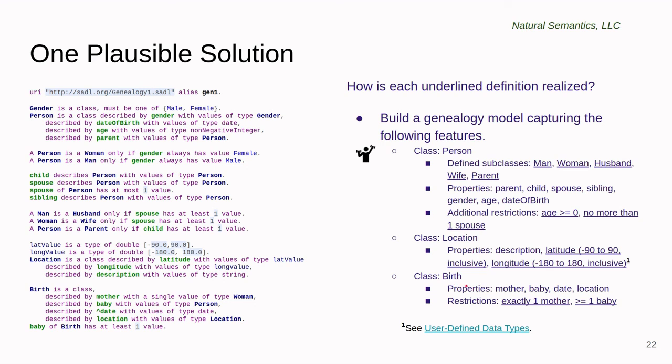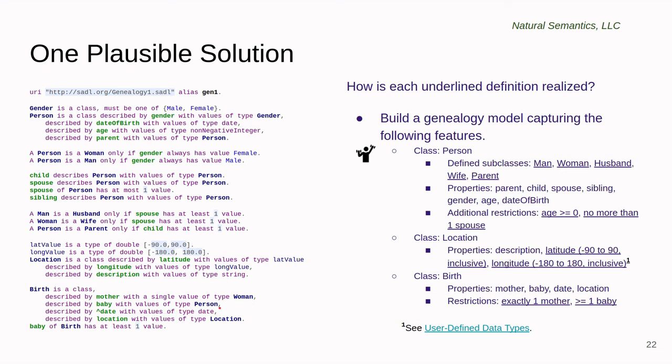And finally, for the birth class, we wanted the restrictions that there would be exactly one mother and one or more babies. So we said that baby of birth has at least one value. That handles the greater than or equal. And notice here that we said birth is described by mother with a single value of type woman, instead of saying with values of type.